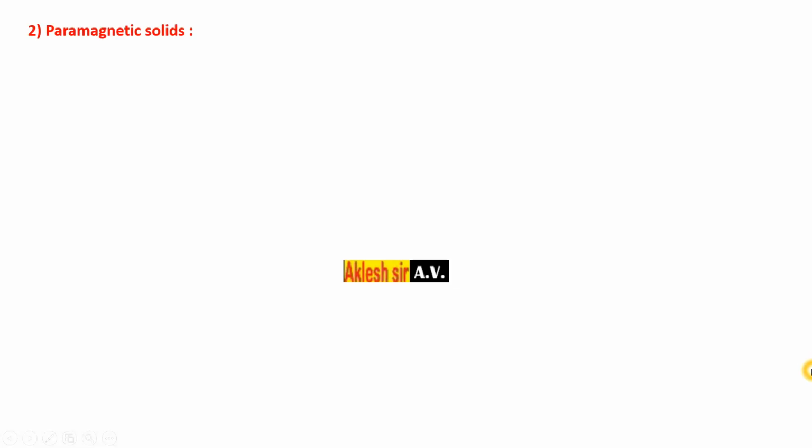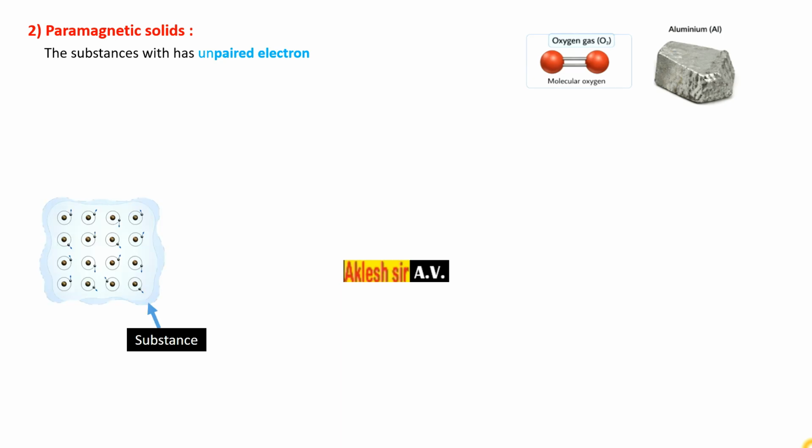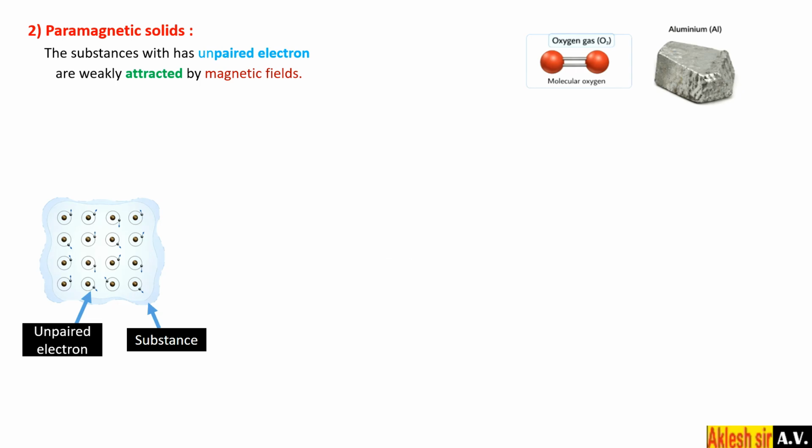Two, paramagnetic solids. These are substances that have unpaired electrons. Here is a substance which has many atoms, where each atom contains unpaired electrons, and it is weakly attracted by magnetic fields.